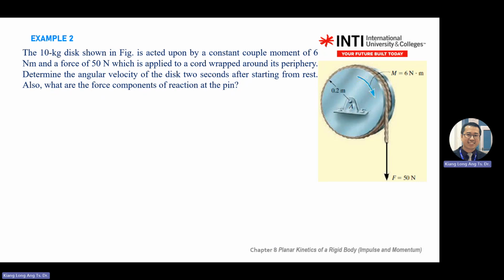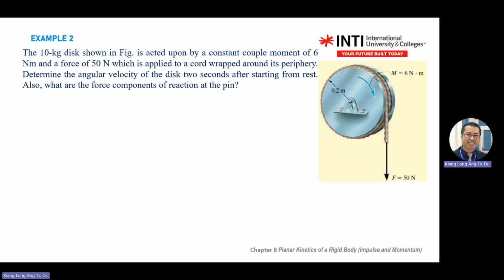Always at the center, and then draw down a W, just in case the question asks you something about the forces. It acts upon a constant couple moment of 6 Newton meter. It tells you the rotation direction. Force is given too, so this has both moment and force.